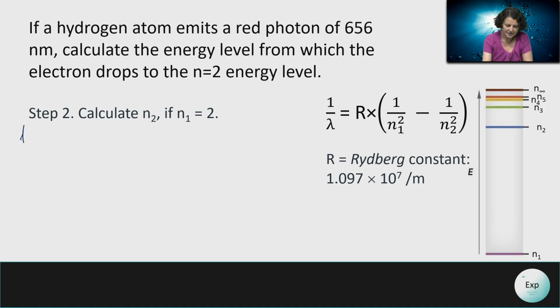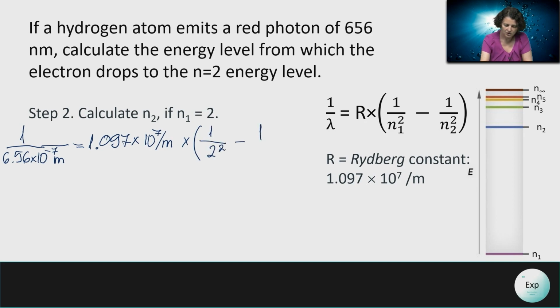So from here, we're going to say 1 over 6.56 times 10 to the negative 7th meters equals, the Rydberg's constant is 1.097 times 10 to the 7th per meter, times, and in parentheses we put 1 over 2 squared minus 1 over n2 squared, and this is the part that we don't know. It is a one unknown equation.